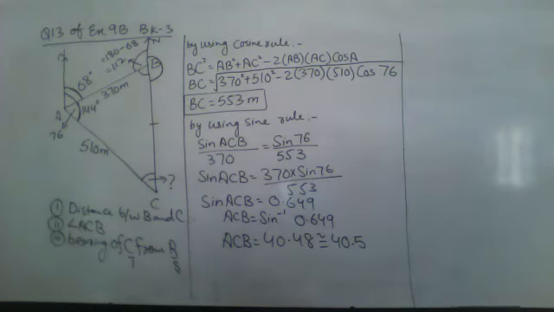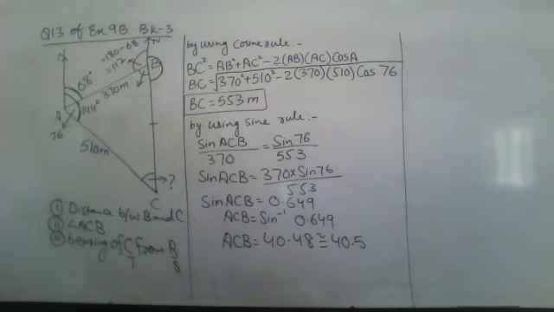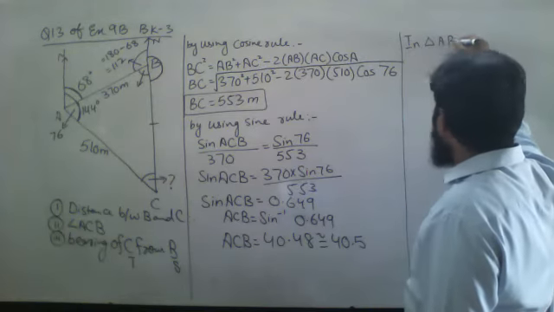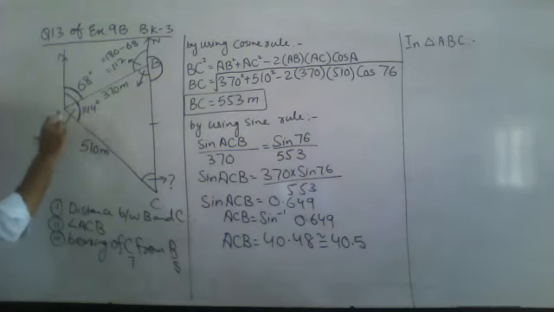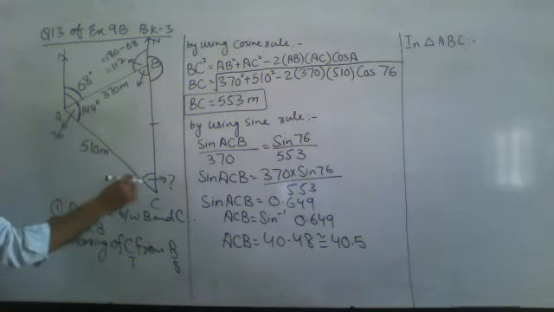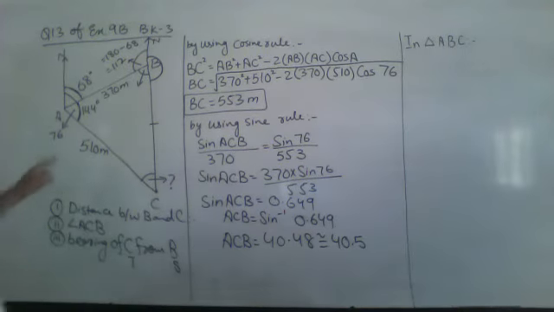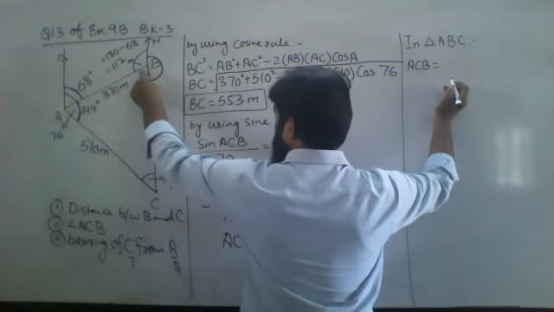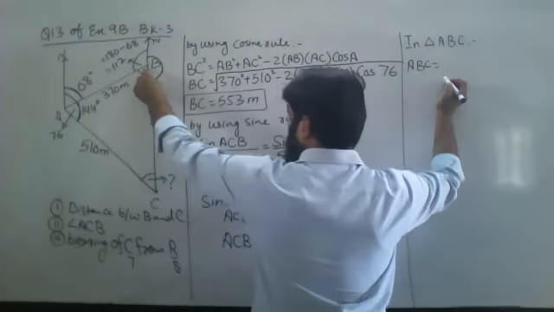Okay. Now, going for this angle, what will this be? So, in triangle ABC, I am talking about this whole triangle, what I have got as 76. This one we have found as 40.5, and now I have to find this thing. So how will I find it? This is ABC, which is this one.